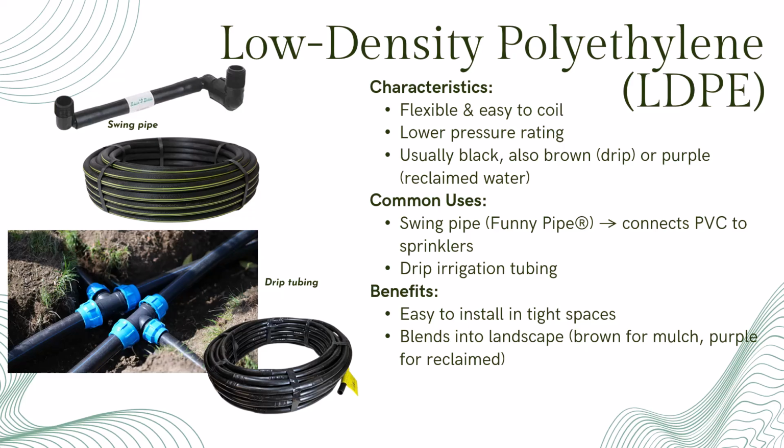Swing pipe, sometimes called funny pipe, which connects rigid PVC to sprinklers so you can position them exactly where you want without stressing the fittings, and drip tubing, which is widely used in flower beds, vegetable gardens, and other areas needing precise, low-volume watering. Most LDPE is black, but it also comes in brown for drip lines, so it blends in with the mulch, and in purple to indicate reclaimed water. Its flexibility and ease of installation make it a go-to for finishing touches and irrigation layouts.